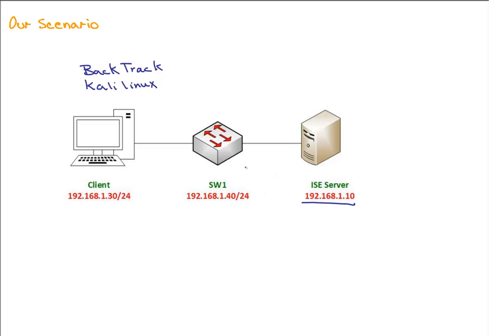So for basic connectivity between the switch and the ISE server, the switch has to have an IP address. So we assign 192.168.1.40 for the switch and 192.168.1.30 for our client. Let's start our configuration on ISE.